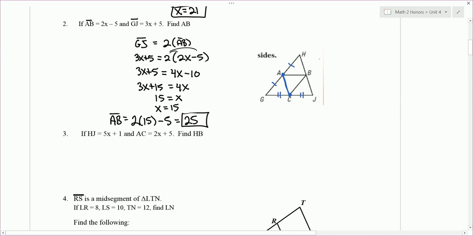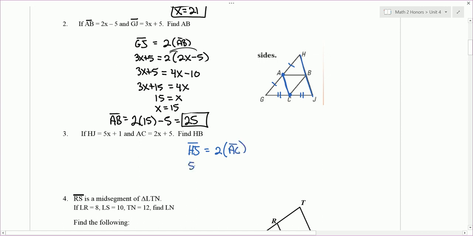And now we have that relationship that the base, HJ, is equal to 2 times the length of the midsegment AC.